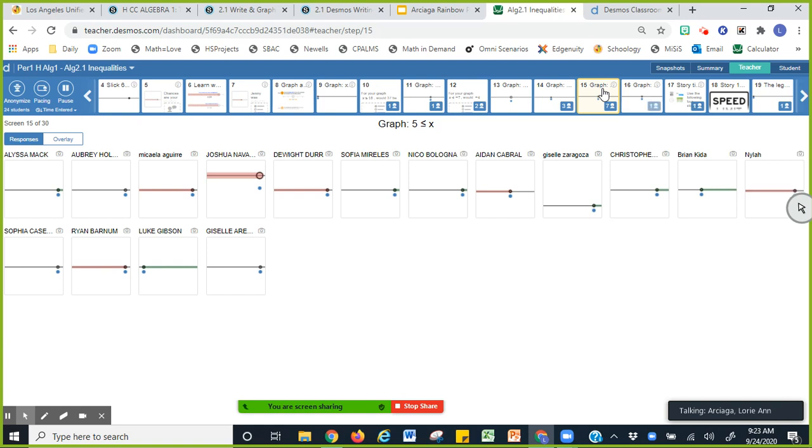Some of you are really following that rule that if it points to the left, then I go to the left. Again, that is not necessarily true.